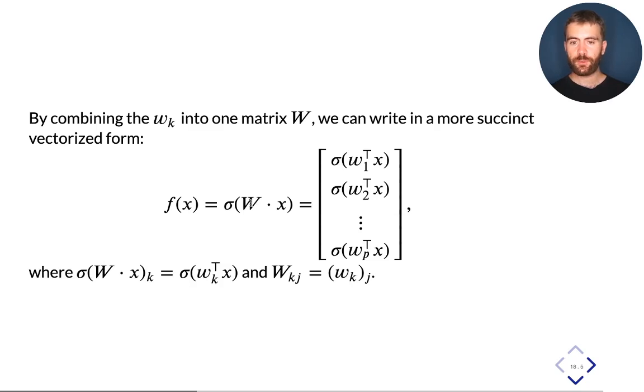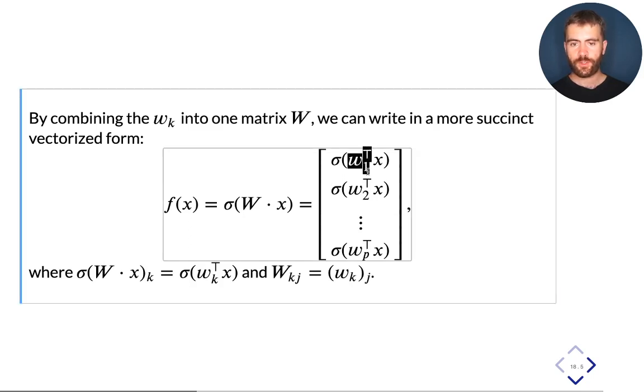Here W is simply the matrix in which each row is the vector wi transpose, so wi transpose is the ith row of W. We can then write this layer using linear algebra notation as a matrix-vector product, which gives us a vector that has these elements but without the activation function, and then we apply the activation function to this vector, which just means that we apply it to each element.